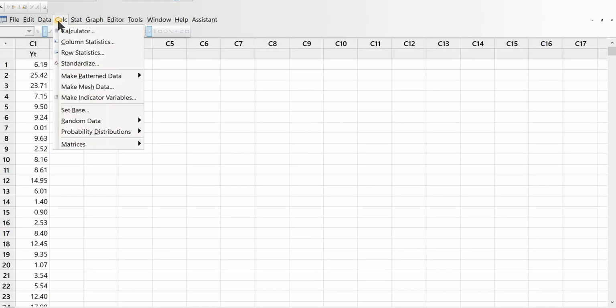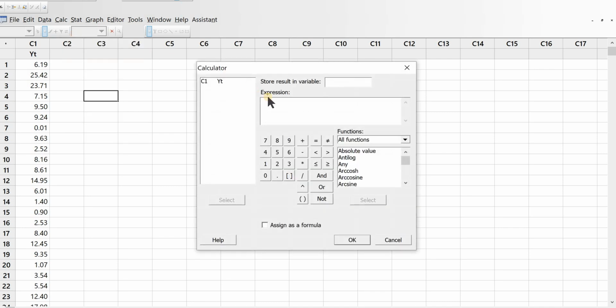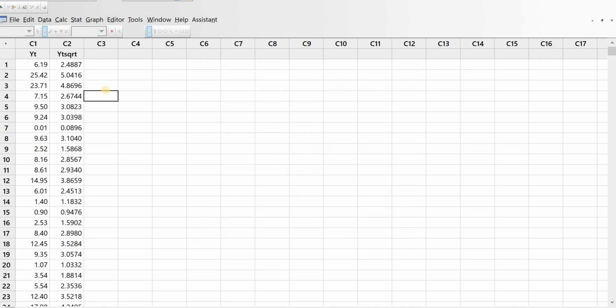So go to calculator and then put here as yt, square root, include the series. So this is the data that we have transformed by using square root.